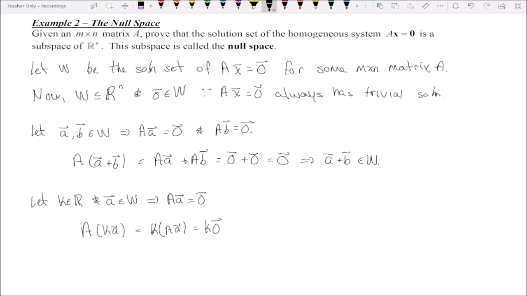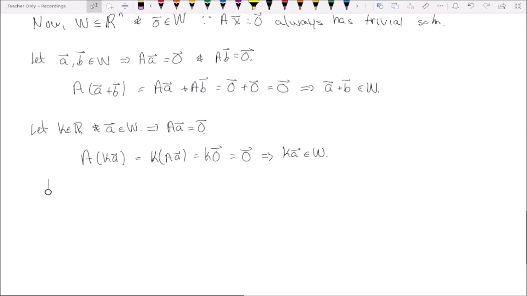Well, that's K times 0, which, again, by properties of matrices, gives us 0, which means that Ku is a solution, so Ku is in W. Therefore, we conclude that W is a subspace of Rn.